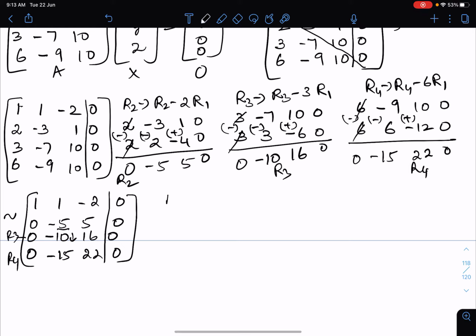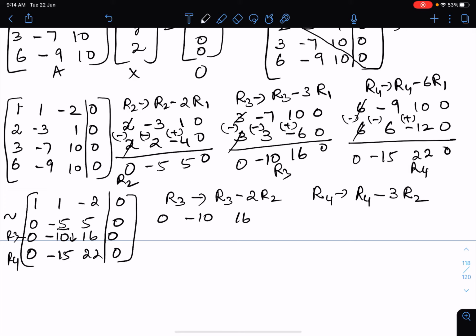So you are going to change R3. You are going to get the help of R2: R3 minus 2 R2. Similarly for R4, it is R4 minus 3 R2, because these two only we are going to change. Now what is our R3? 0, minus 10, 16 and 0. 2 into R2: 0, minus 10, 10 and 0.